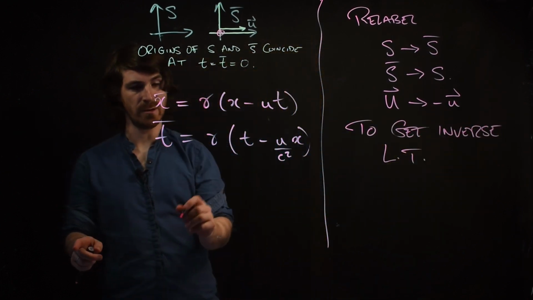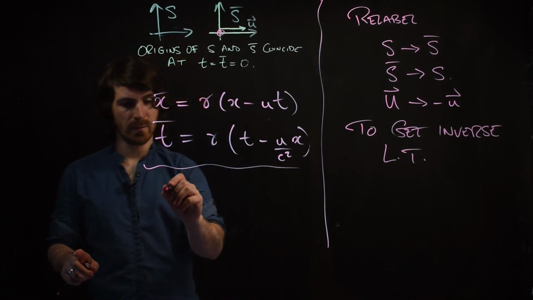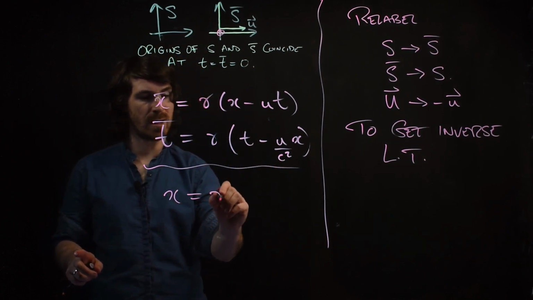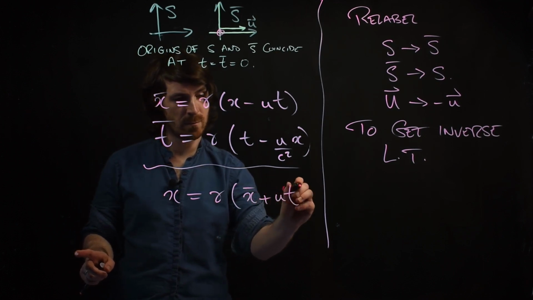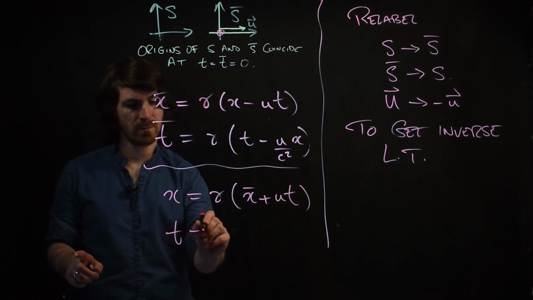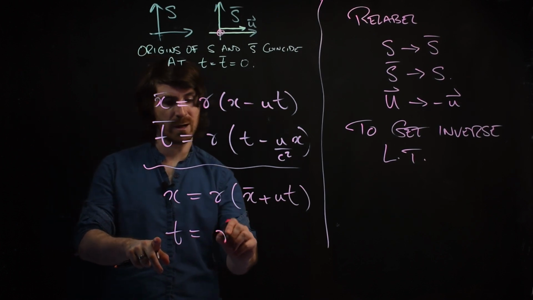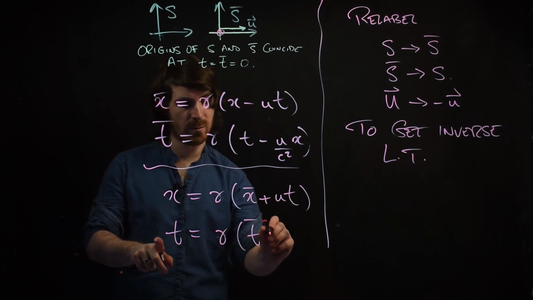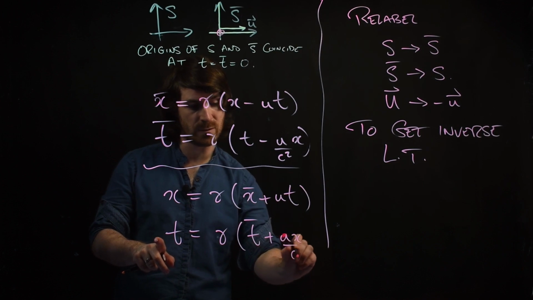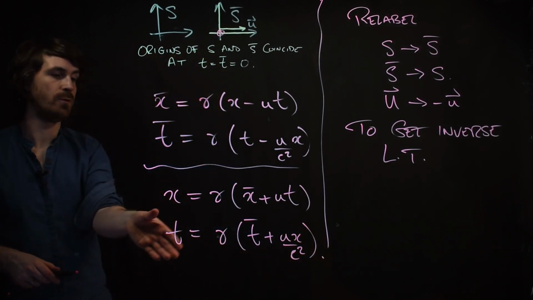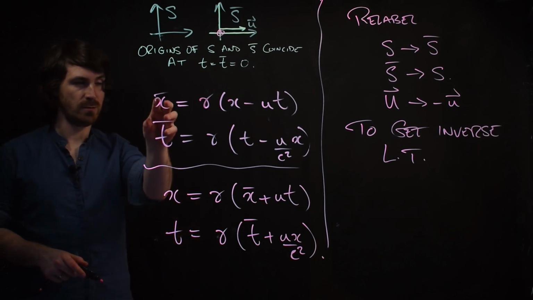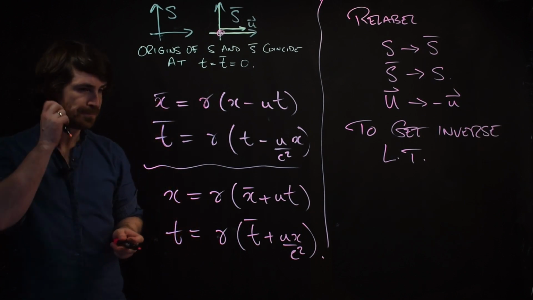The inverse transformations are that x equals gamma times x bar plus u t, and that t unbarred coordinate equals gamma times t bar plus u x over c squared. So sometimes we'll want to work with the inverse transformation, sometimes with the direct.